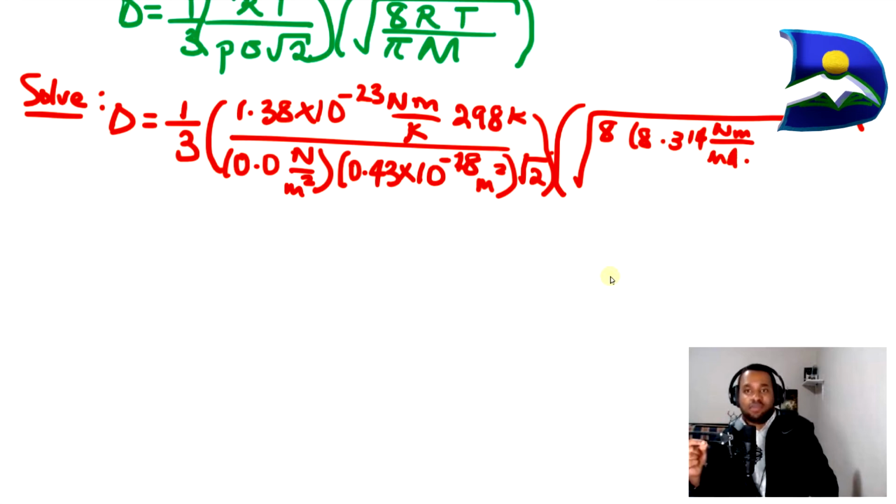Take note that is multiplied by Kelvin as well, and on the other side we are multiplying this by our temperature, which is kelvins, and this is all divided by our pi multiplied by our molecular weight, which, take note, is expressed as kilograms per mole.